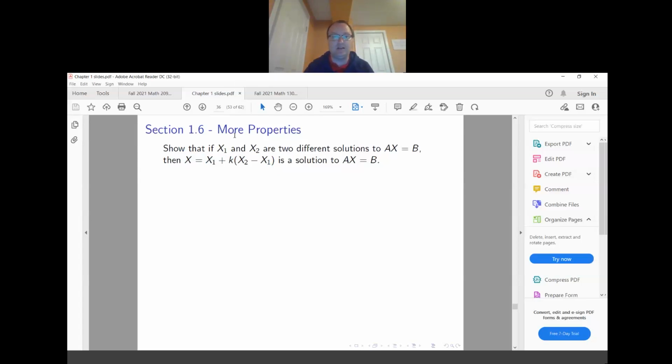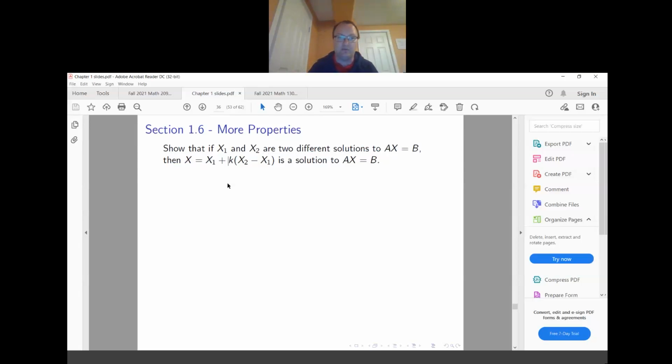So what I'm saying is if x1 and x2 are two different solutions to this equation, then we can create more solutions, because this is a solution for every real number k. So we have infinitely many choices for this letter k right here. Which means if we let k equals 1, we get a solution.